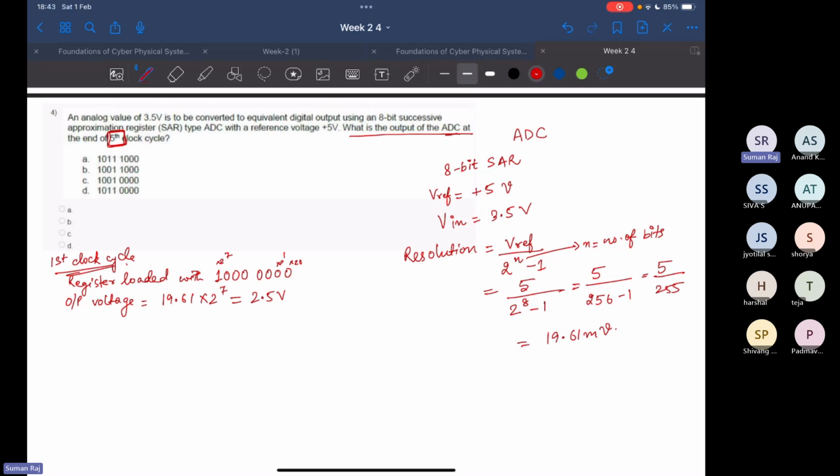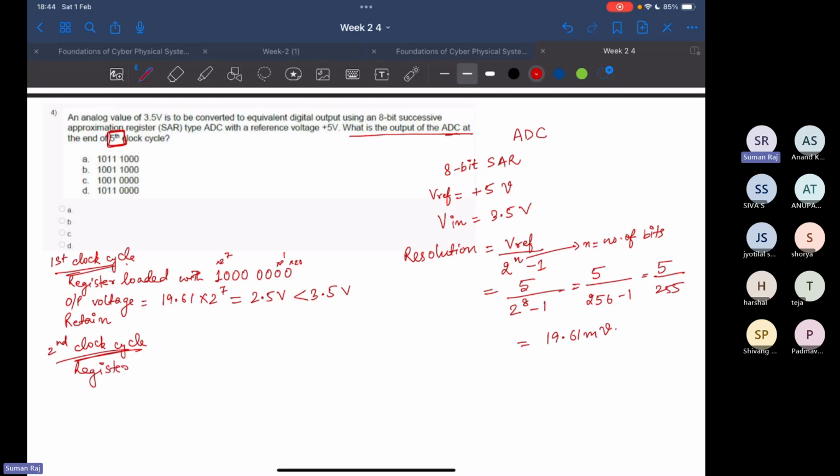And what is your V input? This is 3.5. So since your input voltage is greater than this that you have calculated, okay, so this is less. So what do we do? We retain the value in the register. Now, when you go to the second clock cycle, what is in your register?